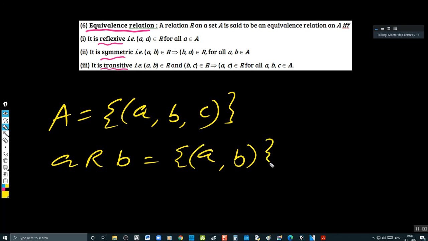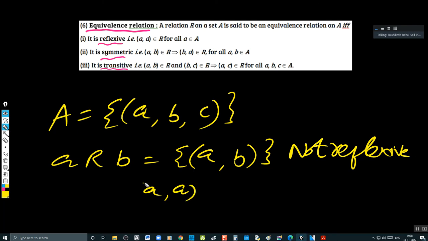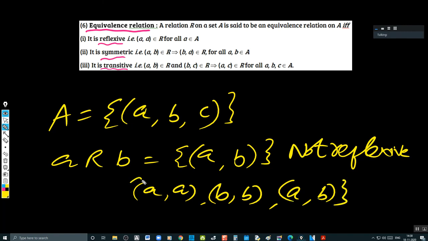That's it. Then is it reflexive or not? No, not reflexive. Then anyone, how do you make it reflexive? Sir, you have to add (a, a) and (b, b), and (a, b) must also be there. Then it becomes reflexive.